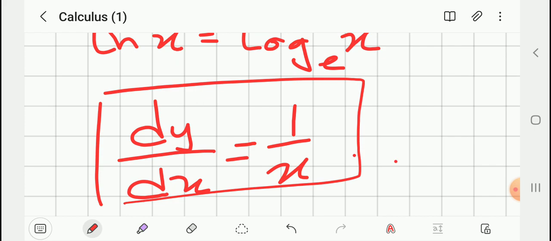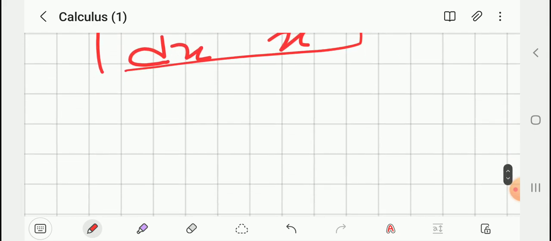Just don't worry. Just close your eyes and write this down. When y is equal to ln x, or log of x to the base e, dy by dx is always 1 by x, where x has a certain value, of course.